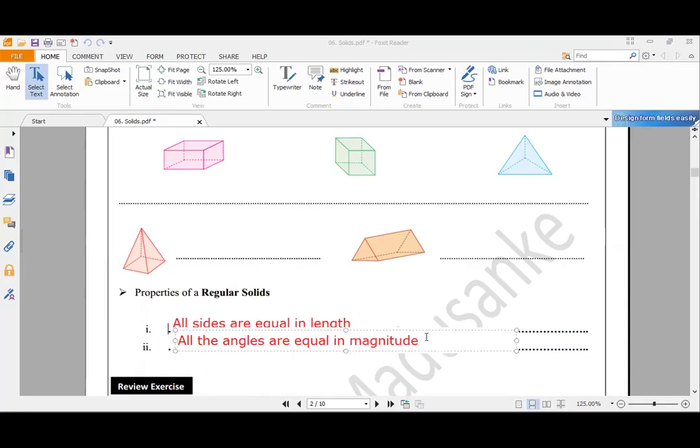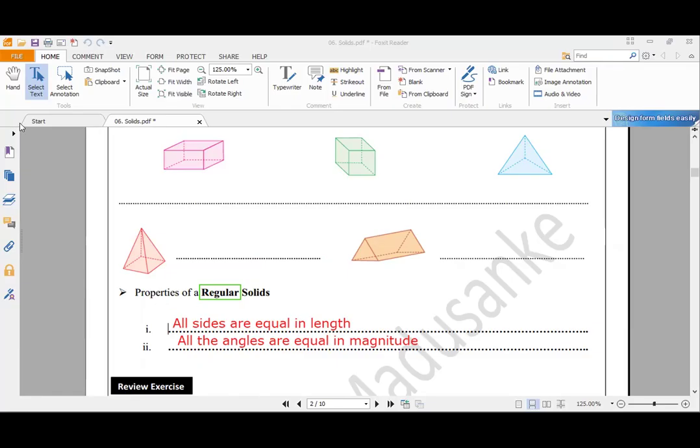If any solid becomes regular, you need to remember these two properties and make a note of them. These two things should be satisfied: all sides are equal in length, and all the angles are equal in magnitude.